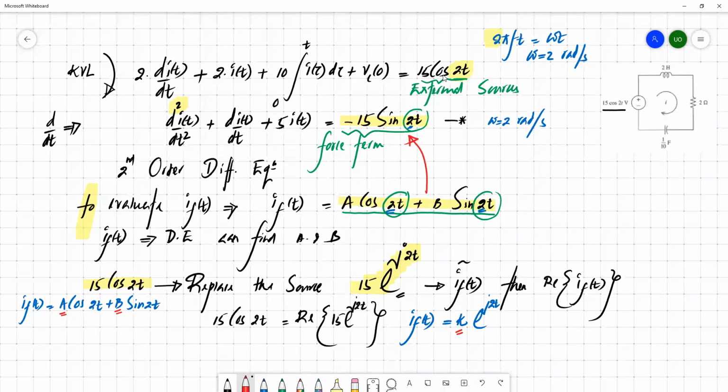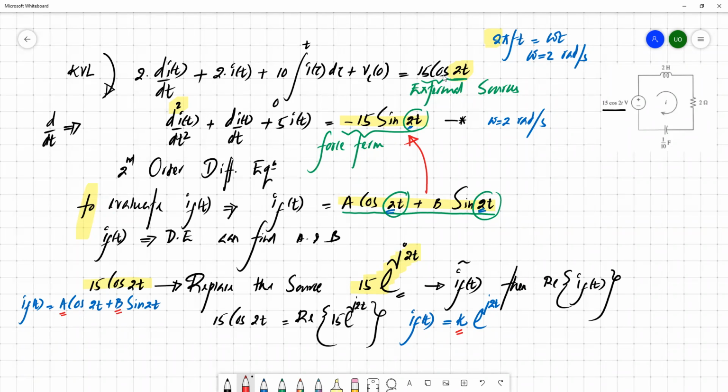If it is a cosine, we take the real component of the force response we ultimately get. If it is a sine, if your source is 15 sine 2t, we simply pick the imaginary component of the ultimate force response. So this is the way we move forward.